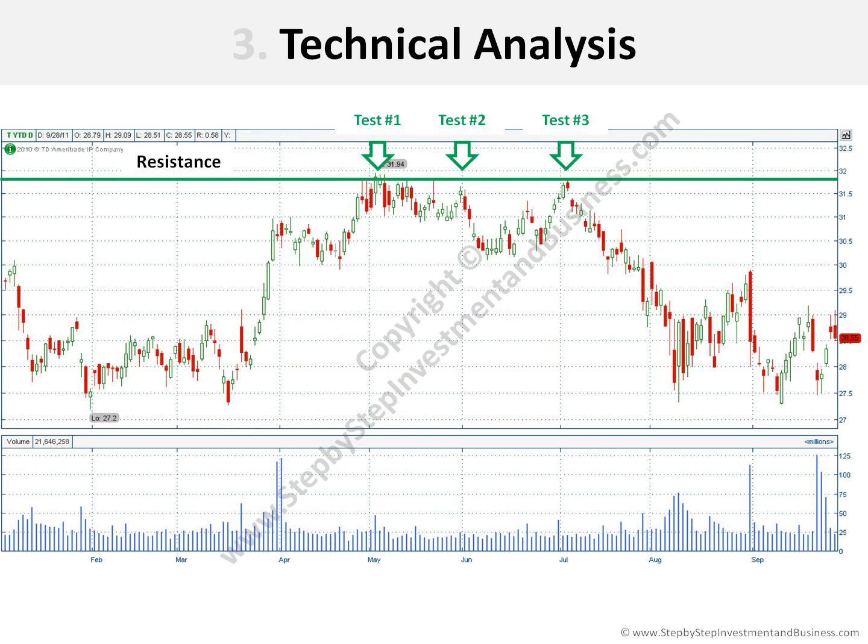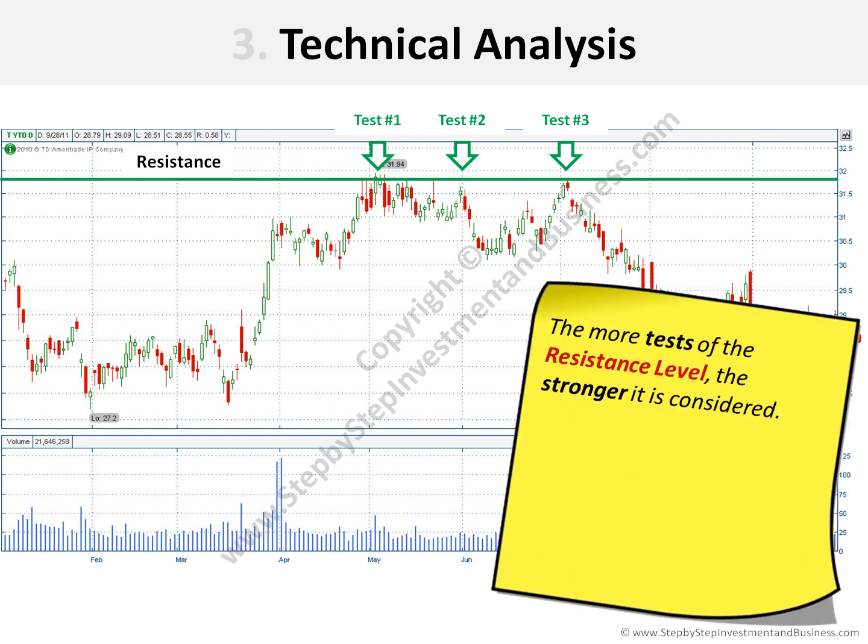In this example, we can see that the stock had 3 tests of resistance at a price near $32. So for the analyzed period of time, the stock touched 3 times its resistance. As for support, the more tests of the resistance level, the stronger it is considered.